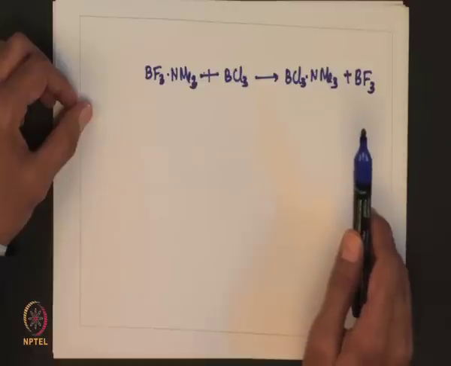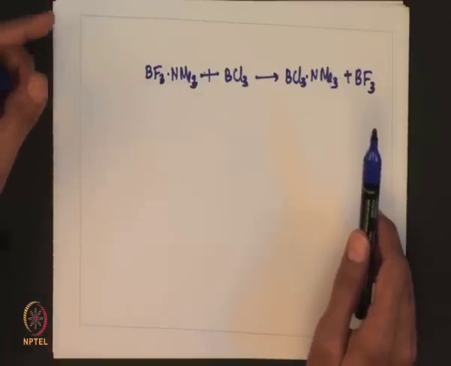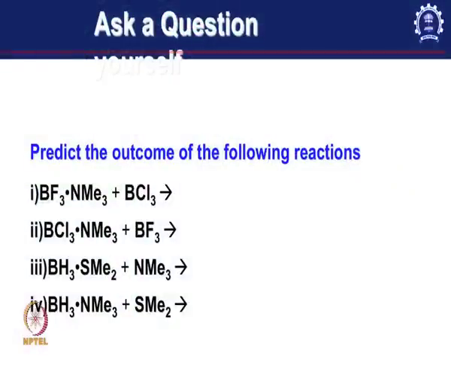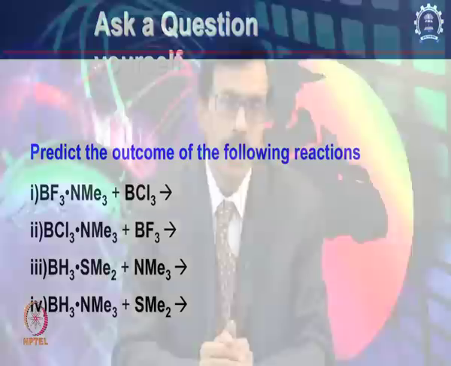And in the next reaction, since BCl3 has already formed an adduct with trimethylamine, I do not think BF3 can replace it. So, in the second equation no reaction takes place. And in the third one, the BH3 adduct of SMe2 is there, which when treated with trimethylamine, trimethylamine being a stronger base, readily replaces SMe2 to form the BH3·NMe3 adduct.